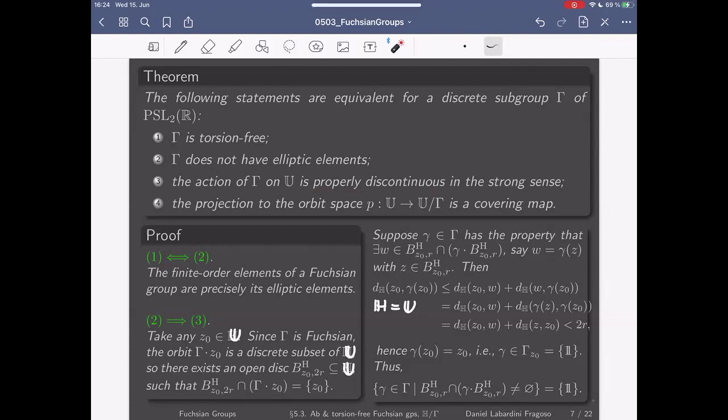Properly discontinuous was this idea that for any point in the upper half plane, you can always choose a neighborhood small enough so that when you apply any non-identity element from Gamma, it sends the neighborhood somewhere else, far enough that they don't intersect.